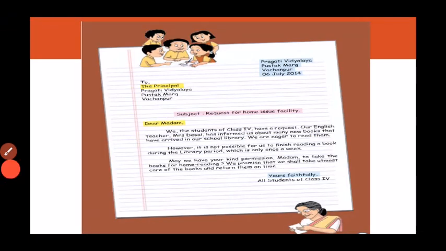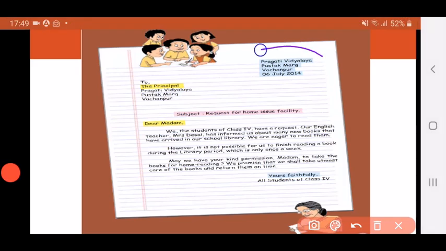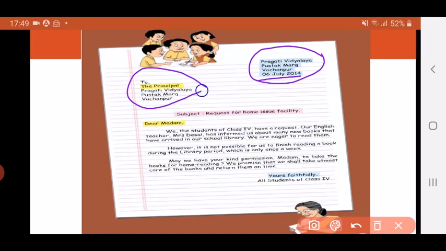This is how the letter looked. So if you look clearly children, here is the address of the sender and the date. On the left margin, you have written the address of the receiver. So, to the principal, then the name of the school and the school's address.